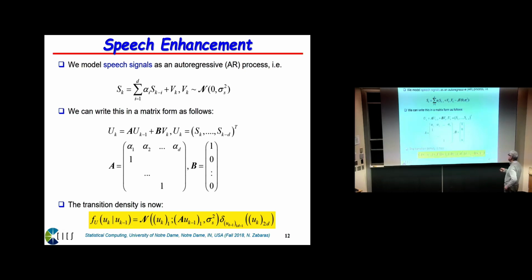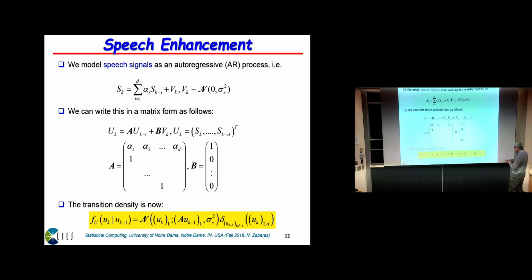So you notice the way we have written this equation, right? Effectively, there is a Gaussian that defines the first element of u_k. This times that plus the noise is a Gaussian. And then for all the other states, because s_{k-1} on one side is going to remain s_{k-1} on the other side, there is no new information.